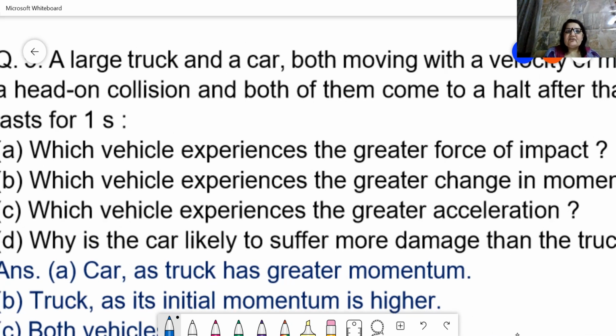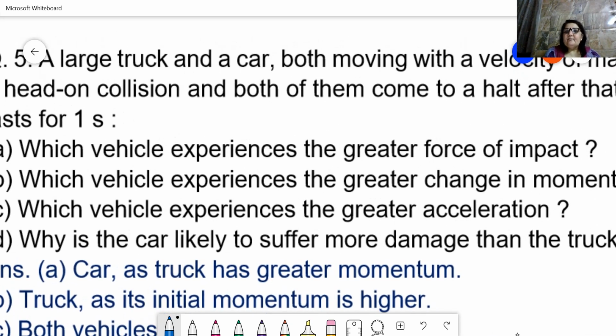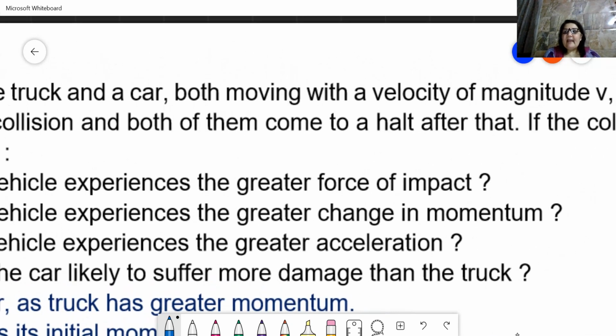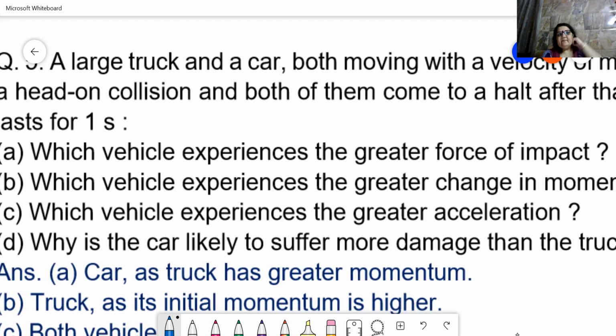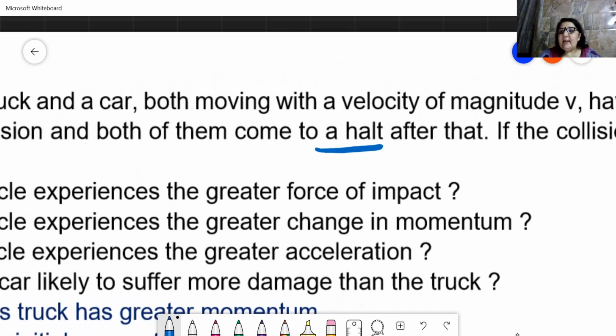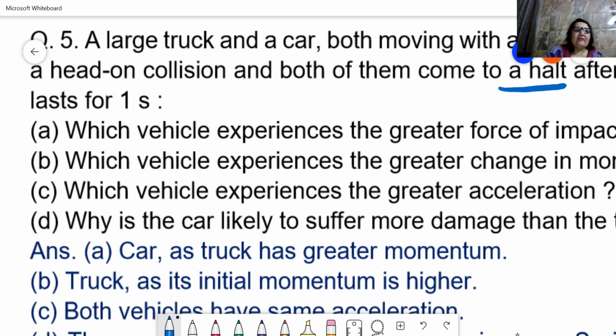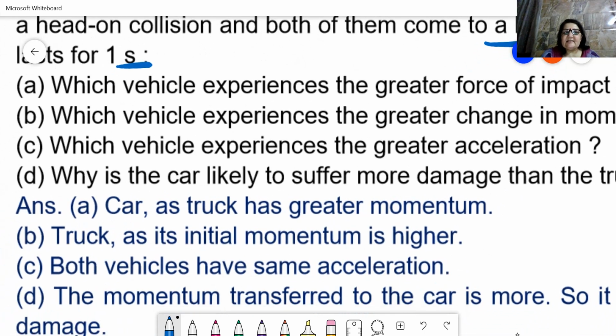A large truck and a car, moving with a velocity of magnitude v, have a head-on collision, and both of them come to a halt, meaning they stop after the collision. The collision lasts for 1 second. There is no numerical in this; they are only asking for the answers.